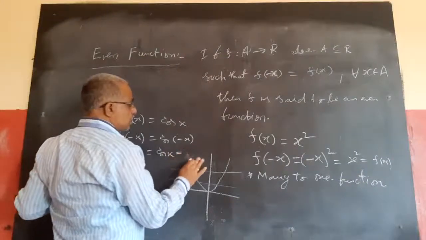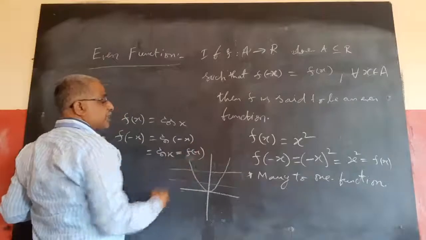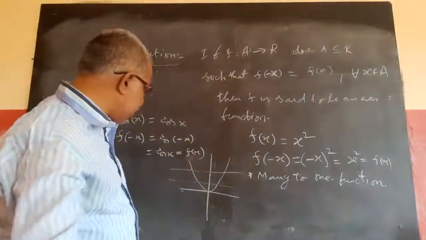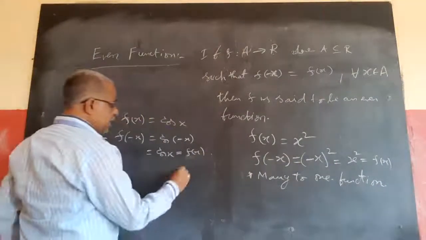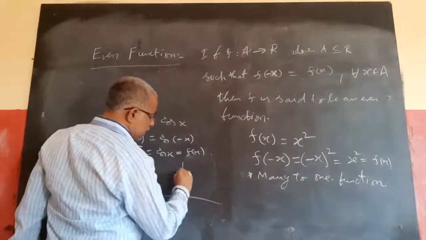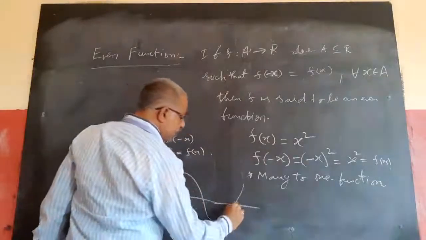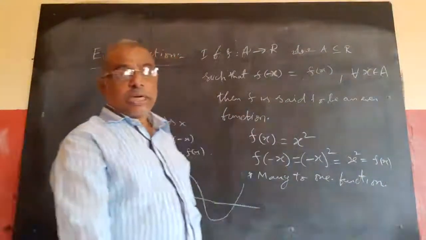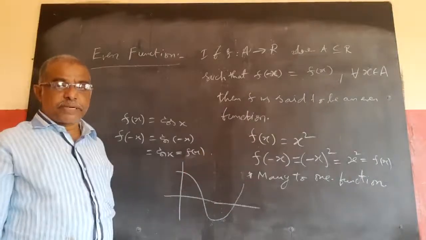So this is equal to plus f of x, means even function. So this is another example of even function. If you draw the graph of f of x equal to cos x, we already discussed in trigonometry, it will be like this. It is always repeated after every 2 pi units. So this is periodic. So f of x equal to cos x is an even function but periodic.